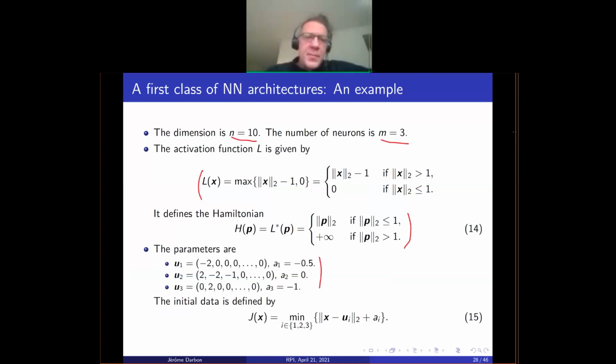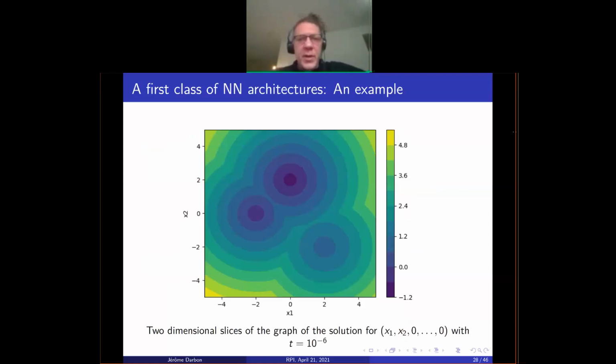You can set some parameters u_i, and this is the initial data that you're going to consider. It is the pointwise minimum of 3 quadratics that are shifted in space by u_i and then along the y-axis by a_i. So that neural network, once you fix these parameters, gives you a viscosity solution for the corresponding Hamilton-Jacobi PDE, where H and J are given by the parameters of the neural network and the activation function.